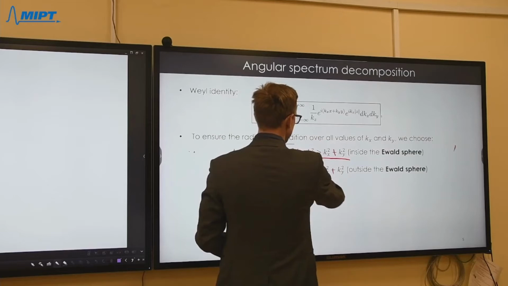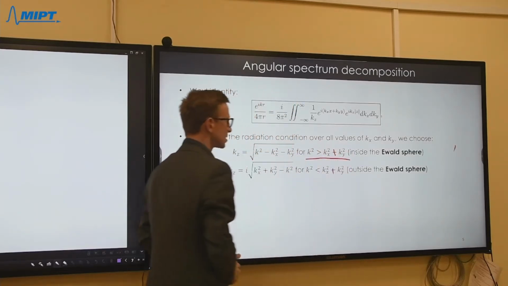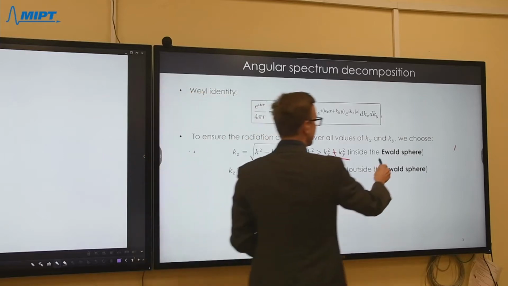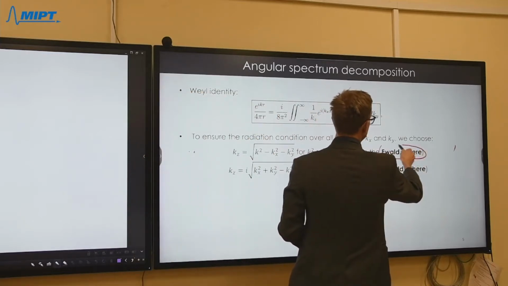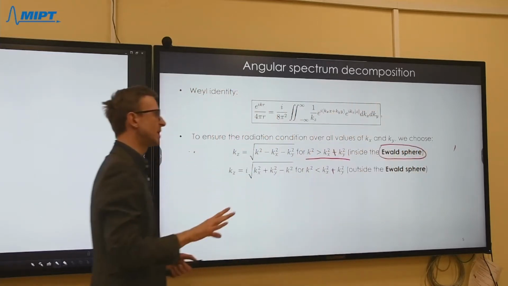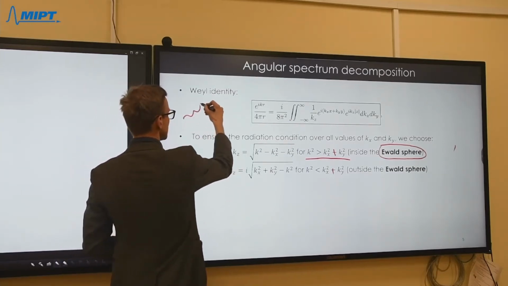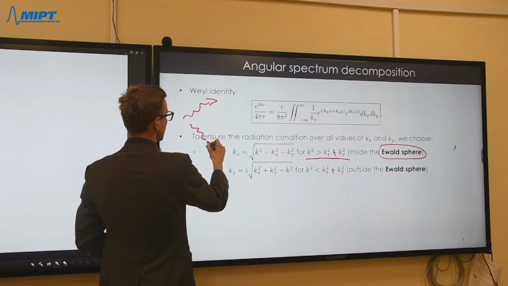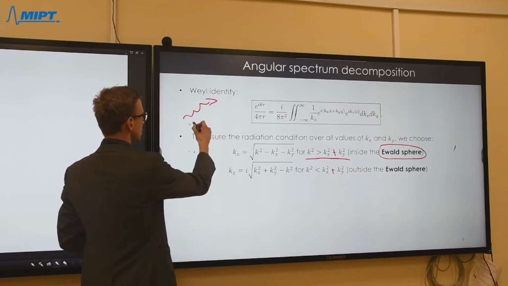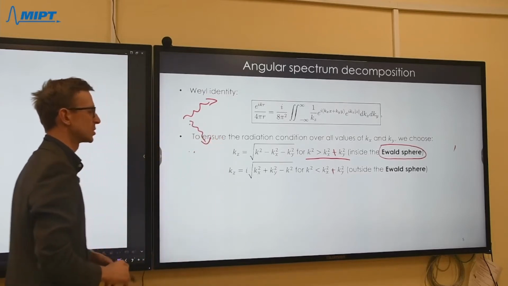This region is called the Ewald sphere. We are inside the Ewald sphere. This is the propagating region where kz is real valued, and that corresponds to homogeneous waves traveling in different directions away from the source.